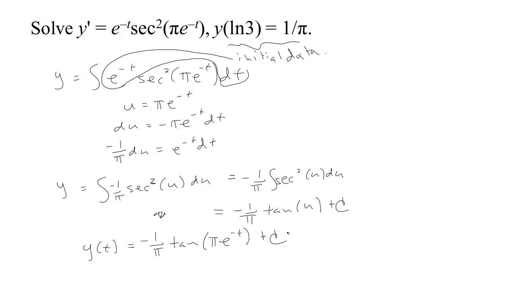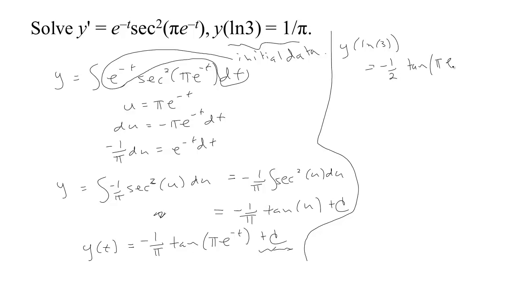Now we've found a family of functions whose derivative satisfies this equation, but they all vary by some constant. Our question is, what particular member of this family, when you plug in natural log of 3, will 1 over pi come out of? So if we plug the natural log of 3 into what we've found so far, we get negative 1 over pi times the tangent of pi times e to the negative natural log of 3 plus c.